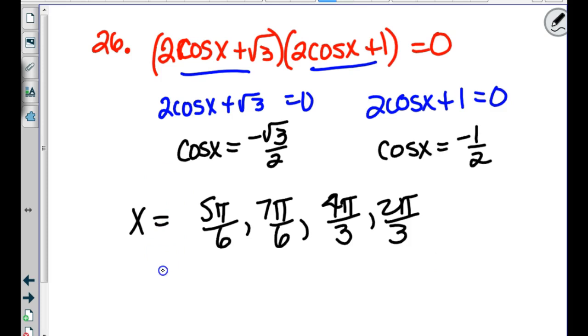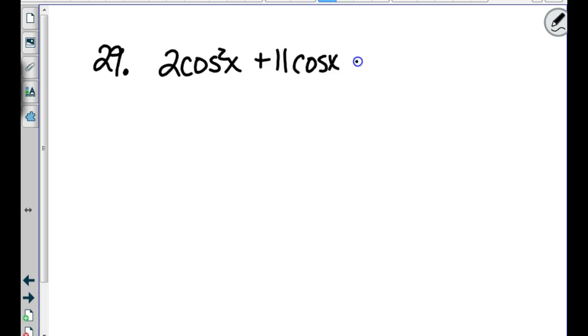Yes. All right, guys. That's it, yes? Because it said 0 to 2 pi, so we're done. All right. I'm going to pick number 29. 29 says 2 cosine squared of x plus 11 cosine of x equals negative 5.